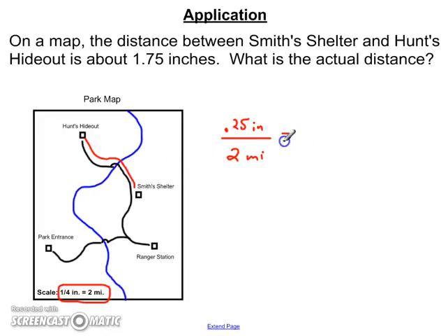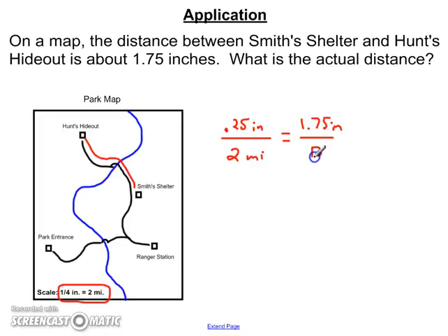Now we want to know the actual distance between the two. Somebody took a ruler and measured between the two and found that on the map we have 1.75 inches between the two landmarks. Our job is to find the actual distance.